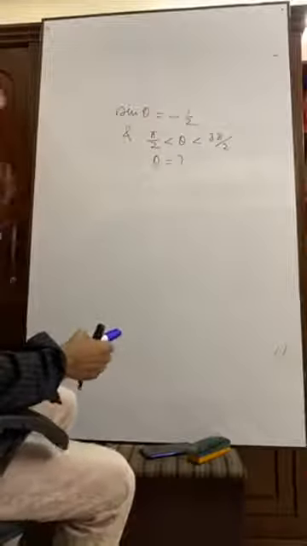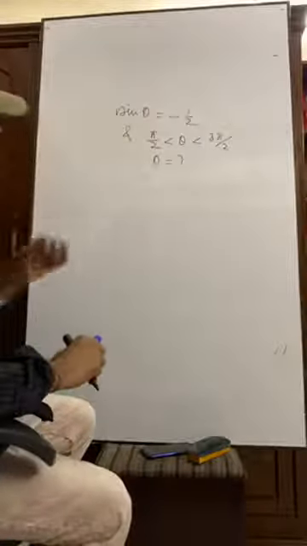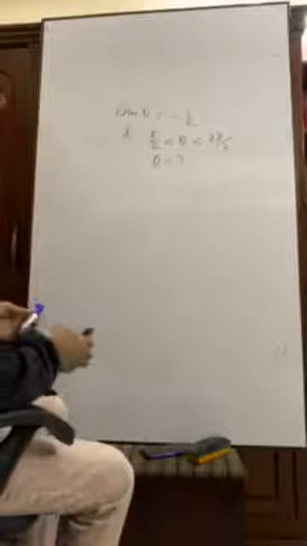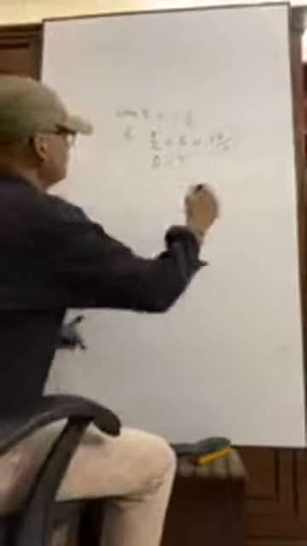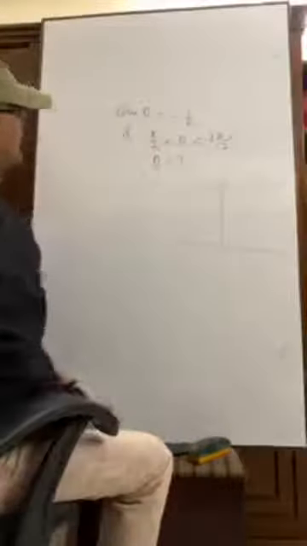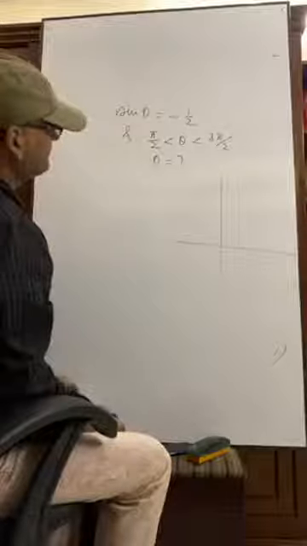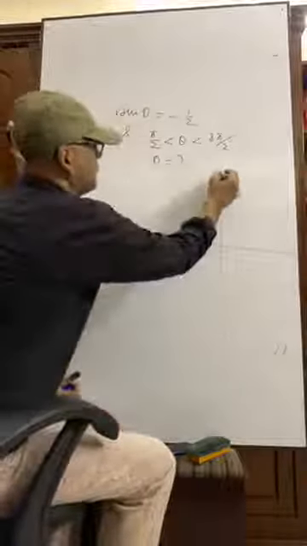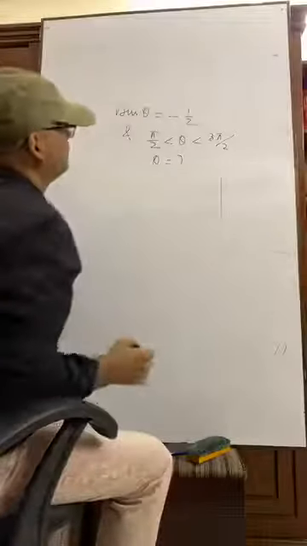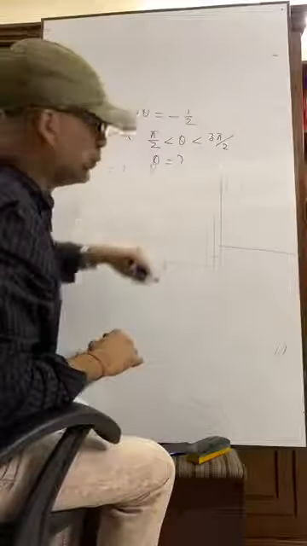Okay, can you do it? Okay, see, like the previous one, sin theta equals to minus half, pi by 2 to 3 pi by 2.